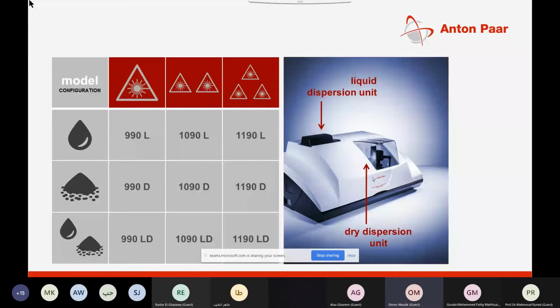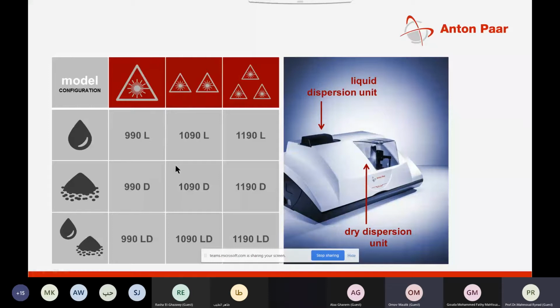It is further divided into three modes: L would mean it can only measure samples in liquid form, D would mean it can measure samples in dry form, and LD would mean it can measure samples in liquid as well as dry form. This 990 system comes with only a single laser source, that is 830 nanometers.